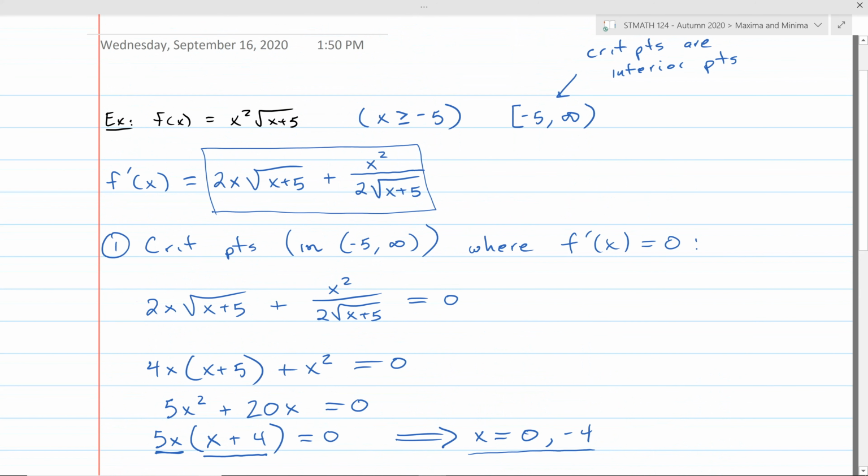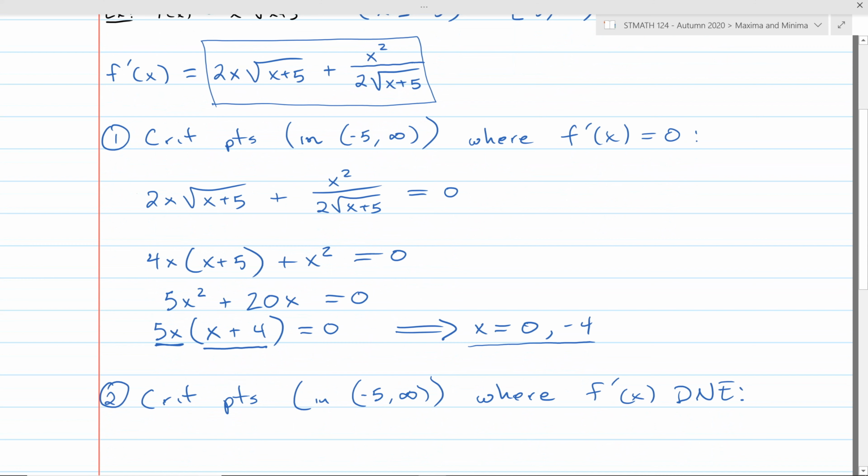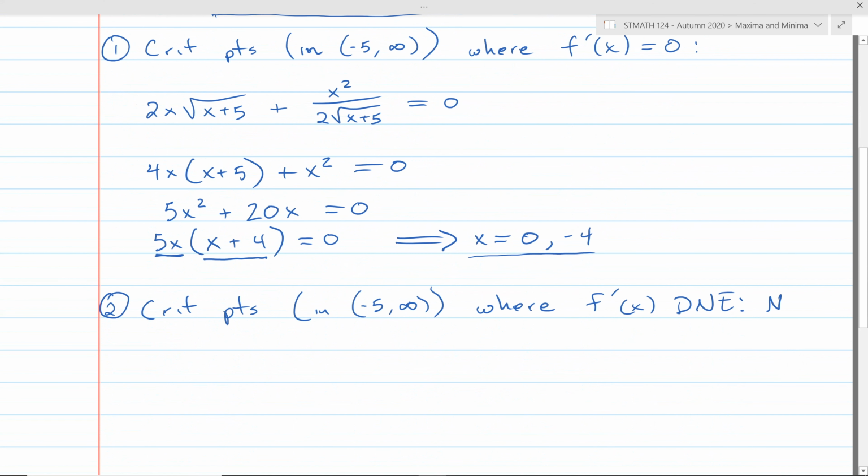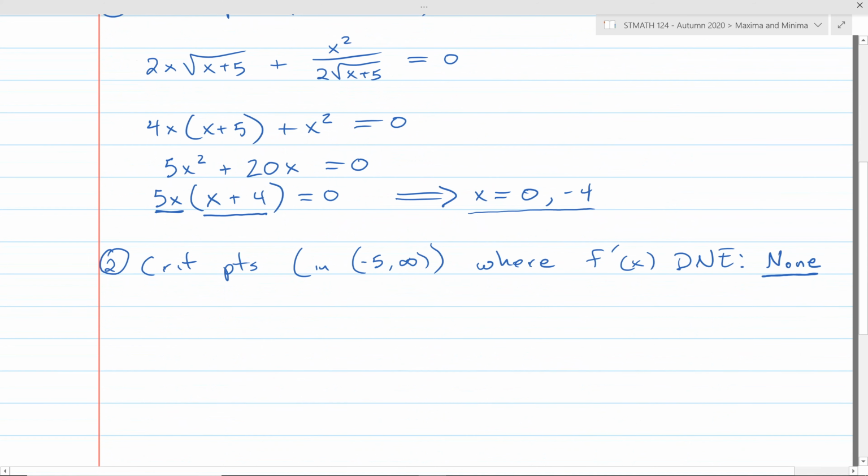And with that fraction, you could get 0 in the denominator if x is equal to -5, but that's the endpoint that we're excluding. And then, of course, you'd have a negative inside the radical when x is less than -5, but we're also excluding those points. So here we don't get any points in the interior of our domain where the derivative is undefined. So the total set of critical values here, the critical points, just consist of 0 and -4.